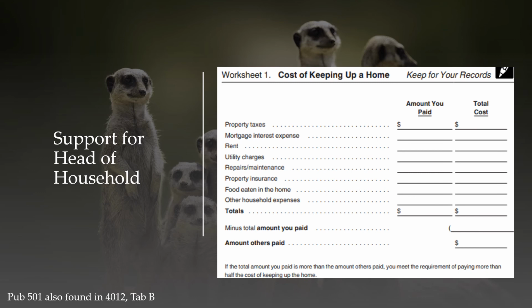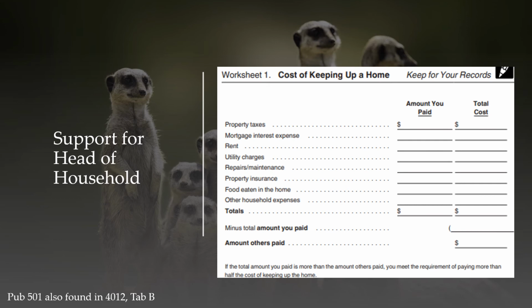worksheet correctly. This comes from Publication 501. I put it here because it's a little more succinct, but just so you can see that it has a list of types of expenses that count towards household support. So things like clothing are not part of the household support. It's just things like property taxes, mortgage, rent, utilities, repairs and maintenance. Food does count, and other kinds of household expenses.